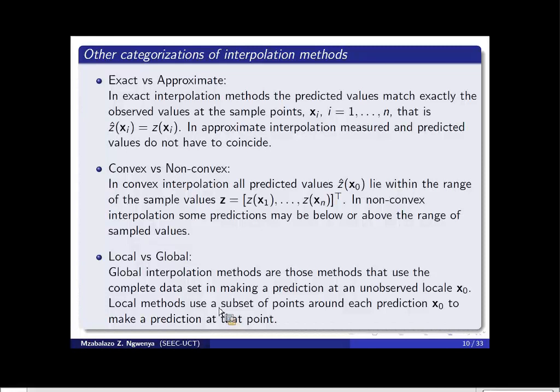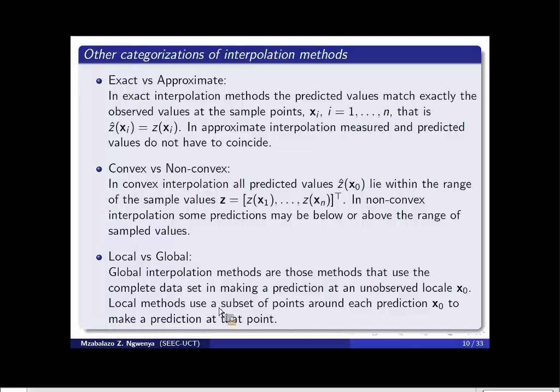With the convex versus non-convex categories, the convex type of interpolators are restricted such that all your predictions are between your maximum and minimum observed values from your sample.